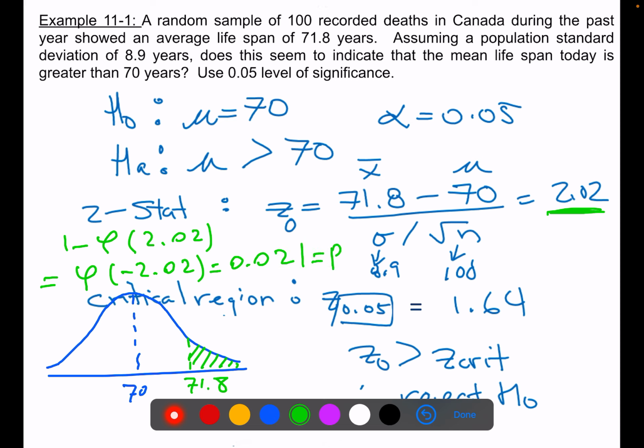This is the p-value, right? And we see that the p-value is very small. It's less than 5%. So we can say that we reject H0 with a p-value of 0.021, right?